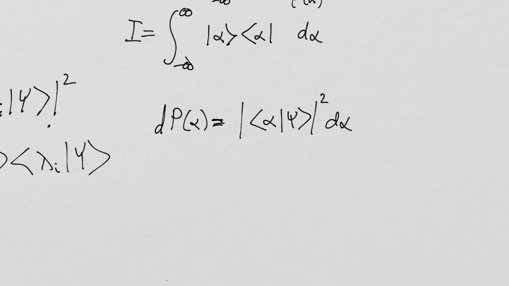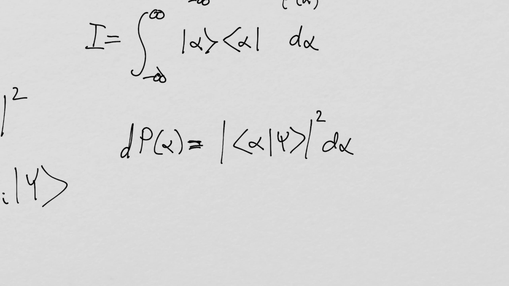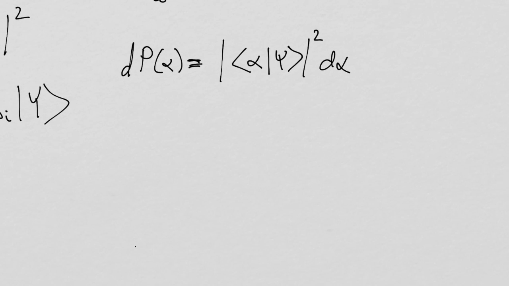We go back to our postulates and write this down. The differential probability is equal to this differential. This wave function's magnitude squared times the differential element gives you the probability of finding alpha within a d-alpha range. And remember, this is axiomatic, for continuous variables now.